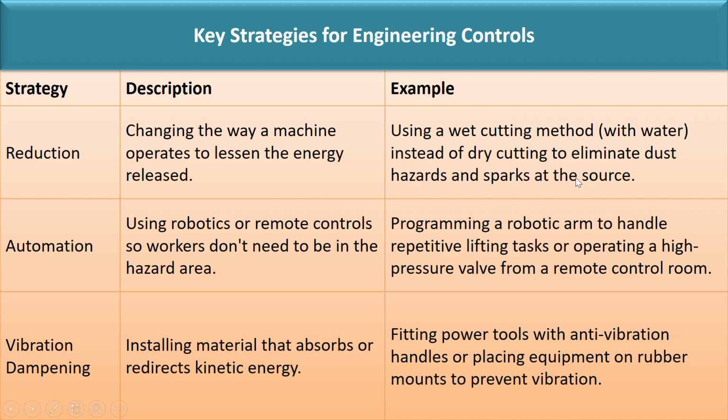So how do they control the dust? They are using the wet process. Automation: using robotics or remote control, so workers do not need to be in the hazard area. Programming a robotic arm to handle repetitive lifting tasks or operating a high pressure valve from a remote control room. Vibration damping: installing materials that absorb or redirect kinetic energy, fitting power tools with anti-vibration handles or placing equipment on rubber mounts to prevent vibration.